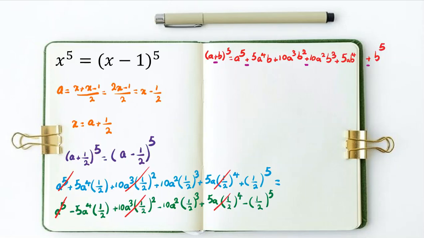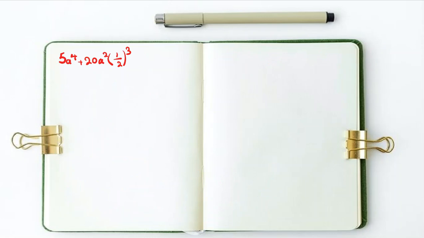And the next one is plus 2 times 1 over 2 to the power of 5, equal to 0. Now, let's simplify: 5a to the 4 plus 5a squared over 2, because 20 over 8 is 5 over 2, plus 1 over 2 over 32 is 1 over 16, equal to 0.